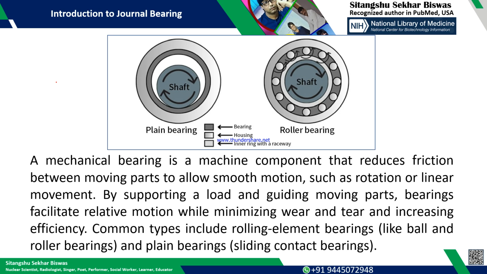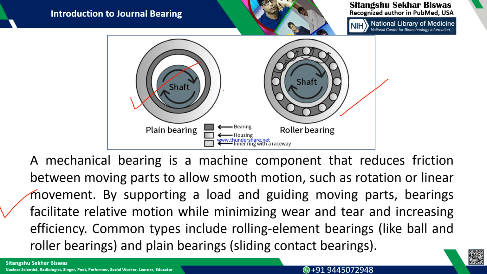Broadly, if you see the category of the bearing, normally there is the anti-friction bearing, like your ball and roller bearing, etc. Another is the plain bearing, or sliding contact bearing, which is sometimes hydrostatic or hydrodynamic, a fluid bearing.